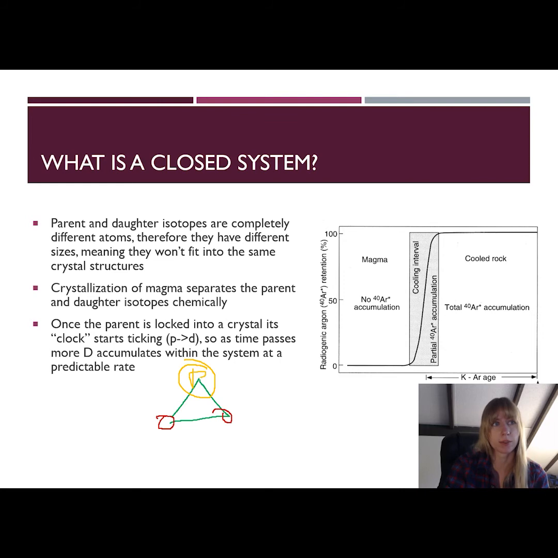So that's why we will see our parent within the mineral matrix. The parent ends up getting fixed into the crystal as it forms, and once the crystal has cooled enough that it is no longer going to have this switch occurring, the timer starts, and parent will start decaying into daughter, but that daughter can no longer escape, allowing the daughter to accumulate at a predictable rate.